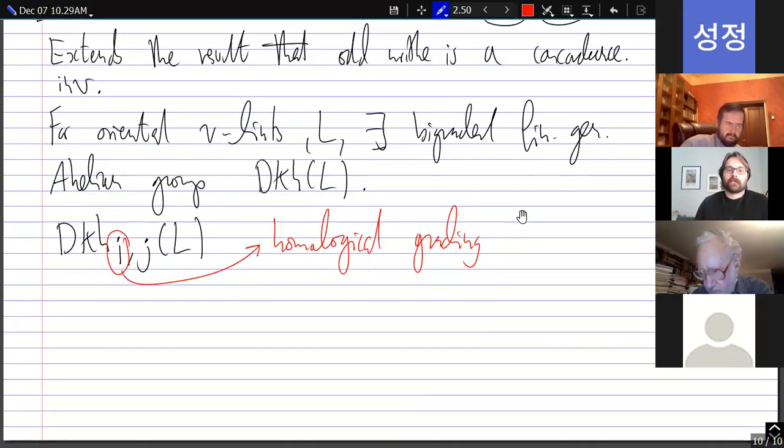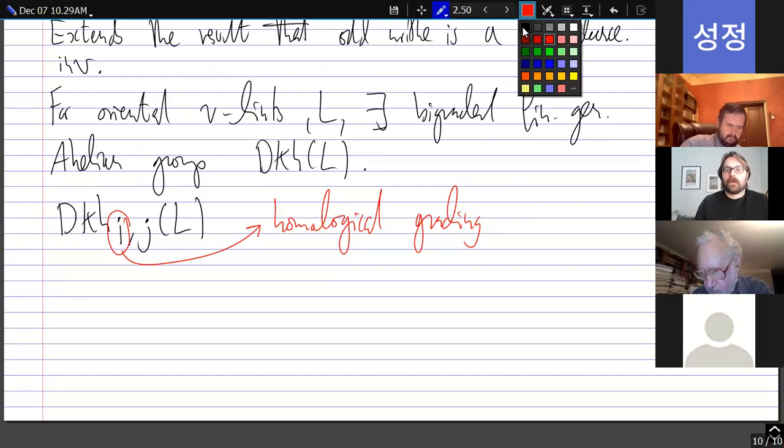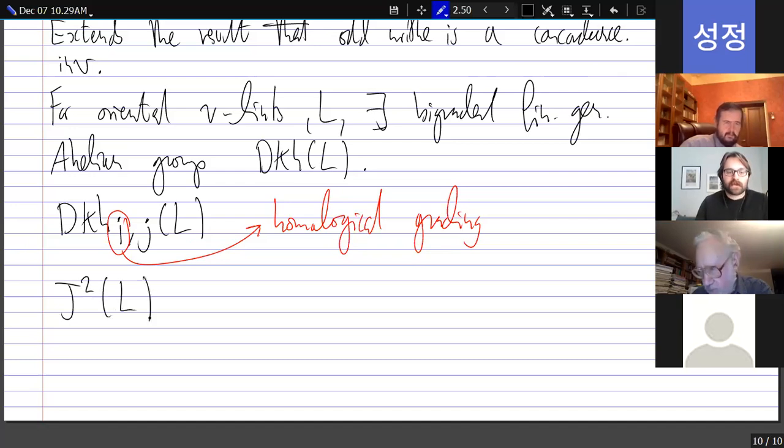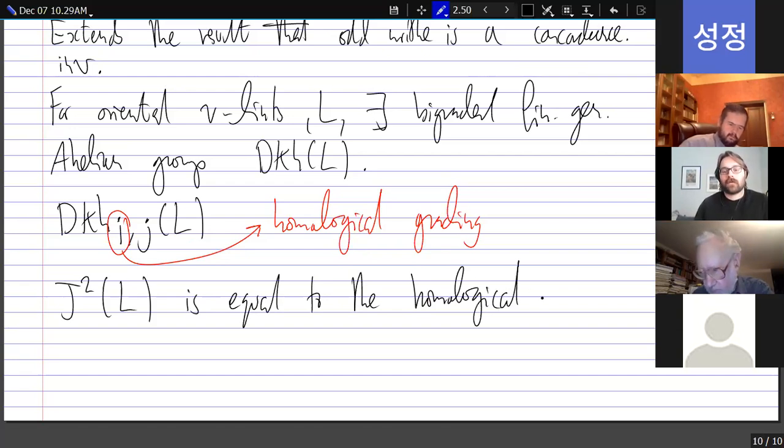It turns out that the two-color ride of this link L is equal to the homological grading support of this homology group.